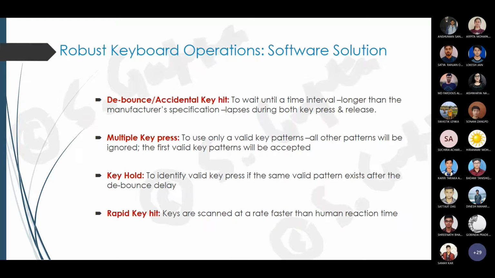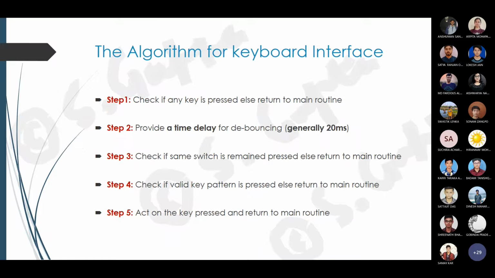We need to make our software solutions robust, right? And so we have this time delay, which experimentally we observe to be 20 milliseconds. I'm moving very quickly, so if you have any question, you can stop me and ask so that we can discuss a little and then move further.